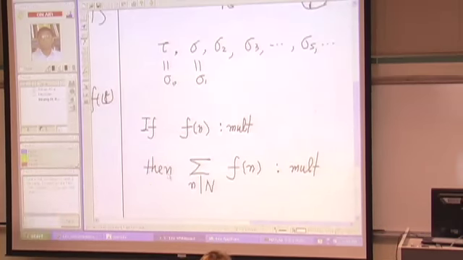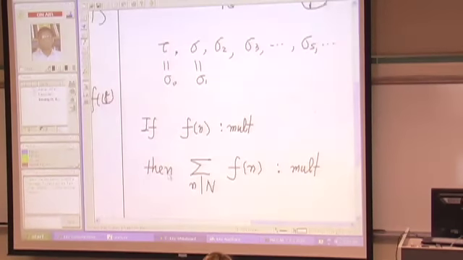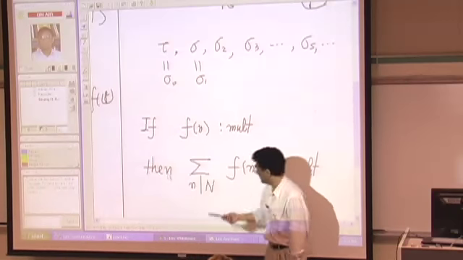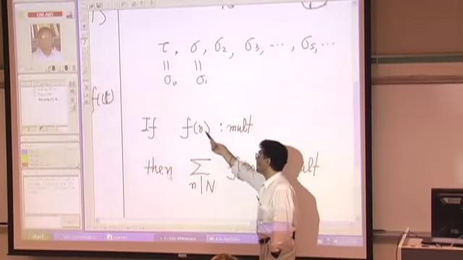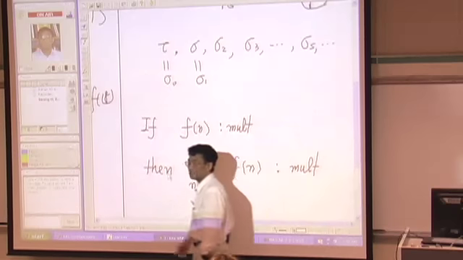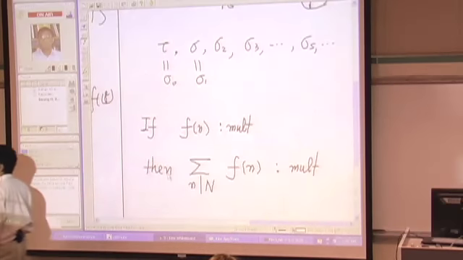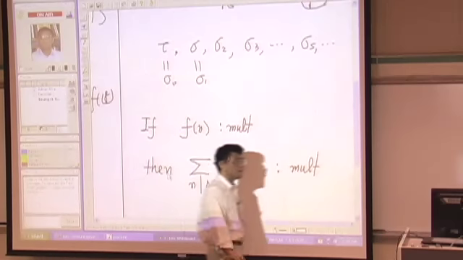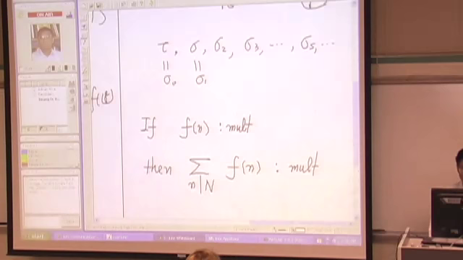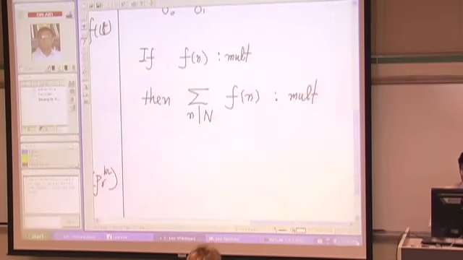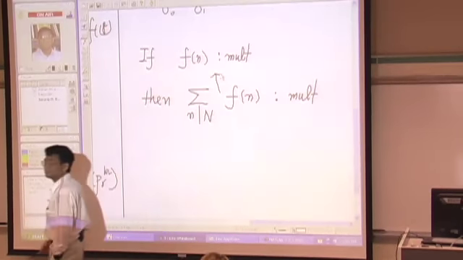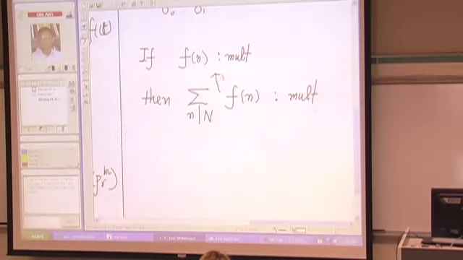But I'm introducing the direction. So next time, on Wednesday, I will prove that if f of n is multiplicative, then this kind of sum of multiplicative functions is also multiplicative. It's not very difficult to prove. And the reverse is also true. If the sum is multiplicative, then this function f also is multiplicative. So the other way is also possible.